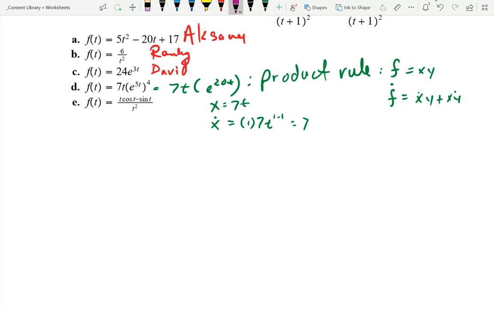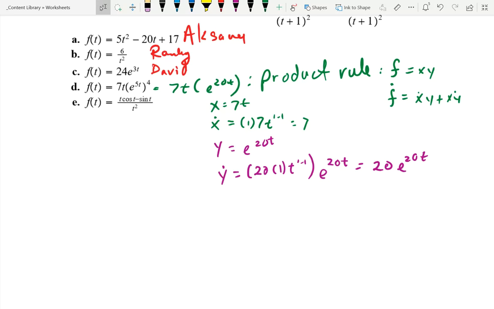And y equals e to the 20t, so y dot is equal to 20 times 1 t to the 1 minus 1 e to the 20t equals 20e to the 20t. Yes. For a minute there, I was worried, where'd the 20 come from? I don't see the 20 in my original problem.